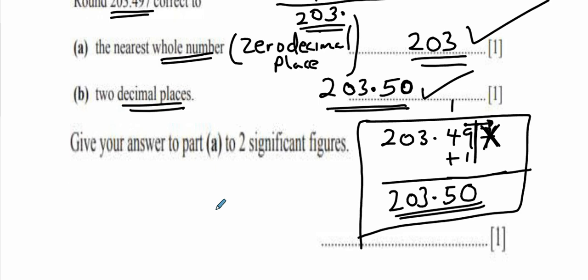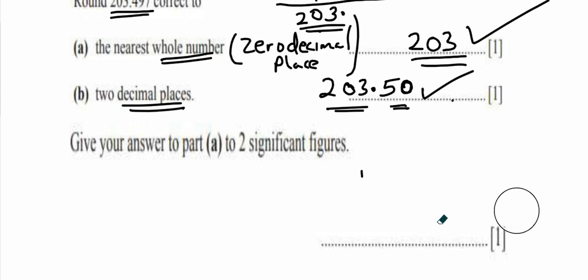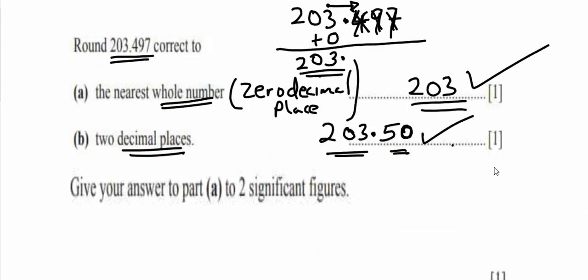Alright, now give your answer to part A. First, let us write the answer for part A. For part A, we got the answer 203. This is the answer for part A. Now give your answer to part A to 2 significant figures.